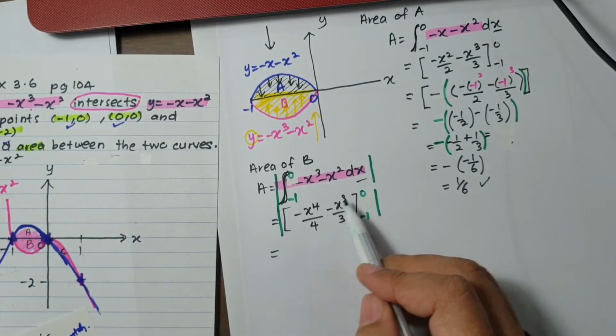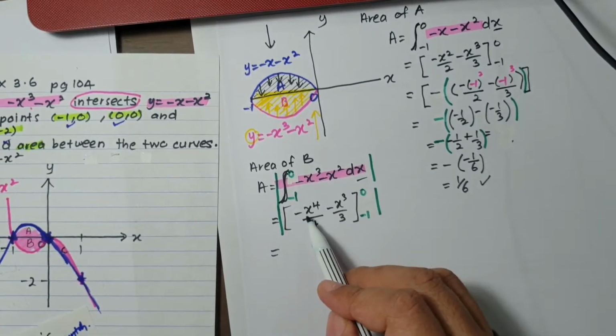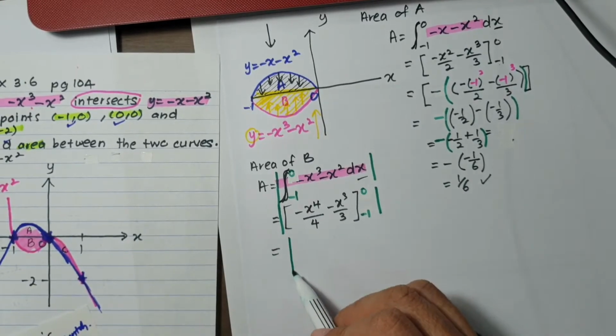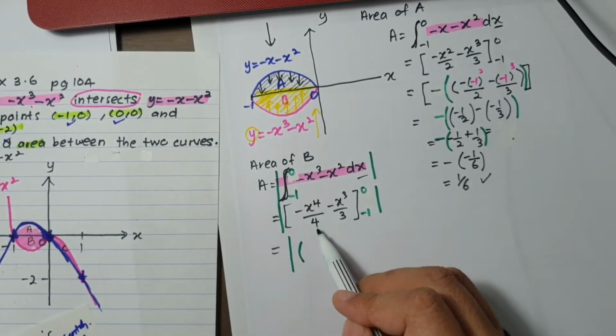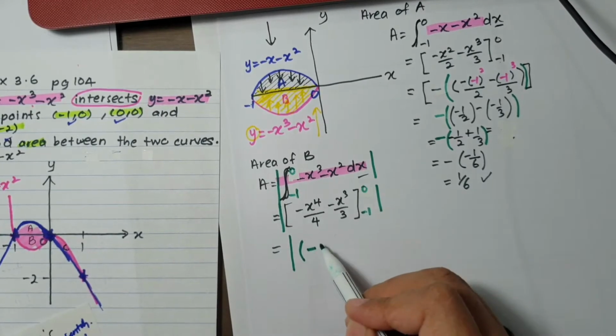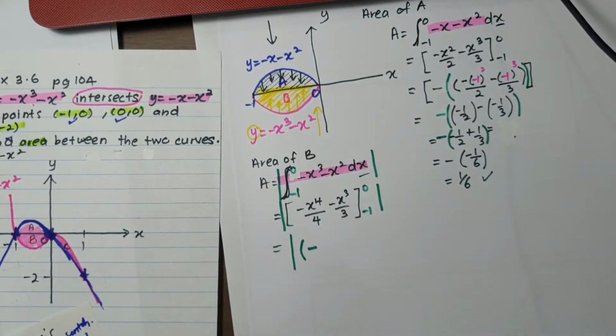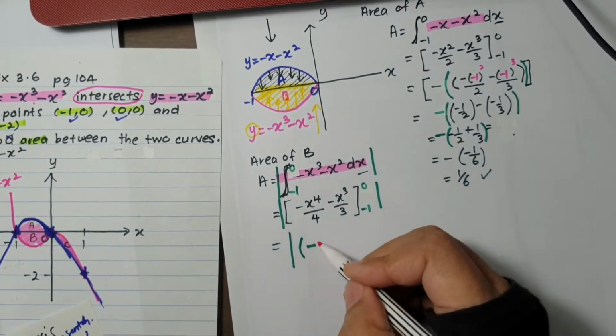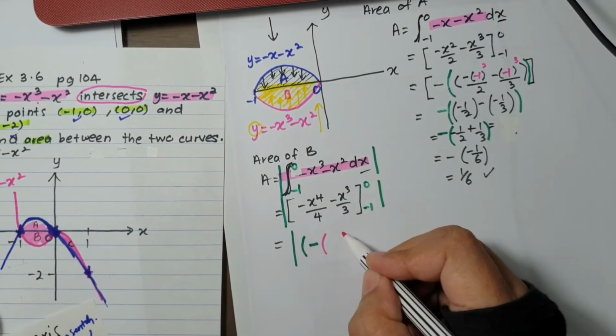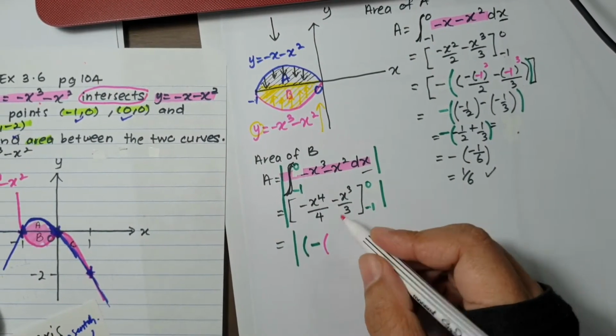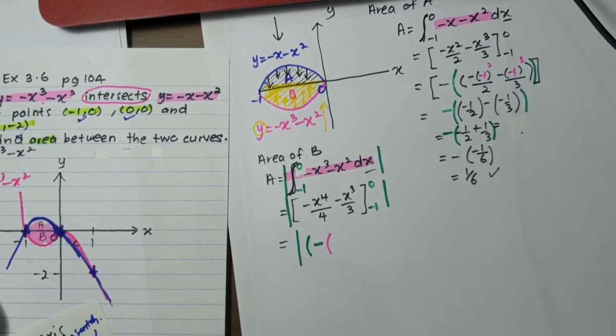Okay, so next let's key in. Put in 0, of course 0 minus. Don't forget there is a minus. Open bracket. Put in -1, X as -1.